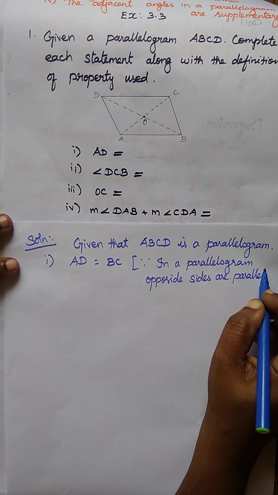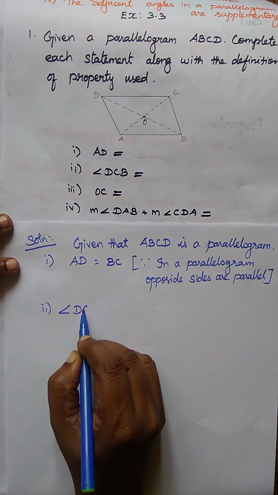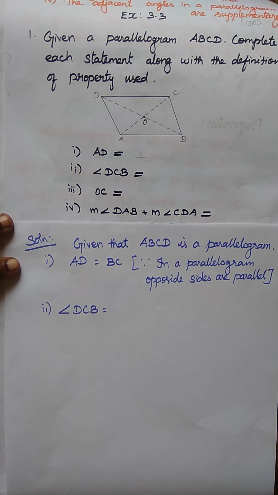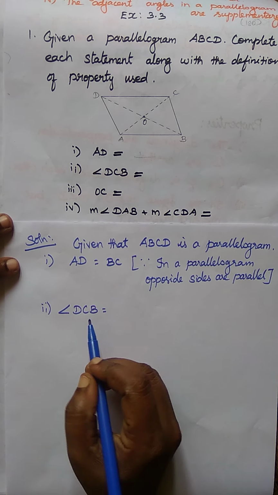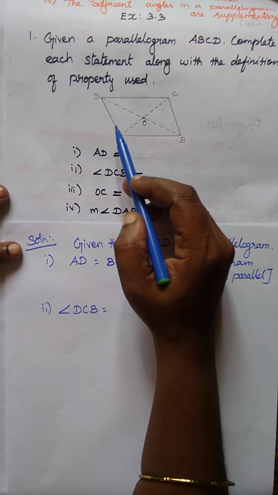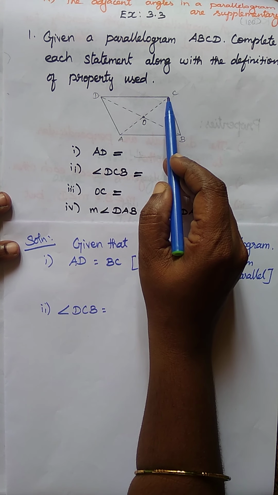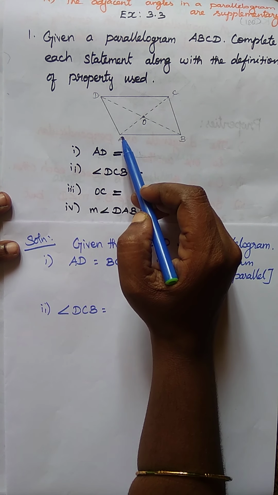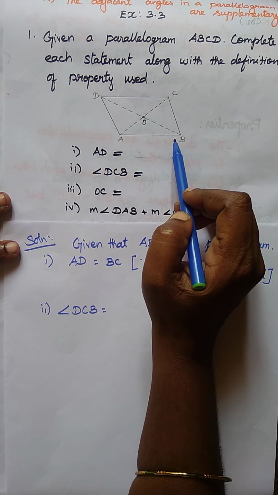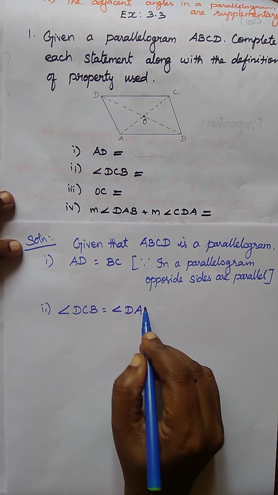Next, the second one is angle DCB. Angle DCB is equal to what? What is the property we are using here? For angles, opposite angles are equal, no? So DCB, this is angle C, and the opposite angle is A. So angle DCB is equal to angle DAB.